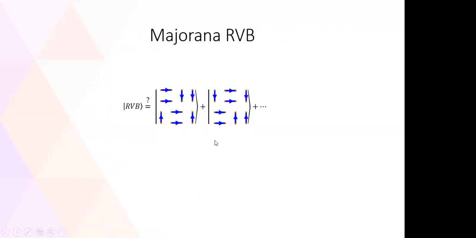Okay, so now we can think of a superposition of such pairings of Majoranas. So it kind of looks like an RVB. Currently, I didn't say anything about the orthogonality of this, but again, just a superposition of these.